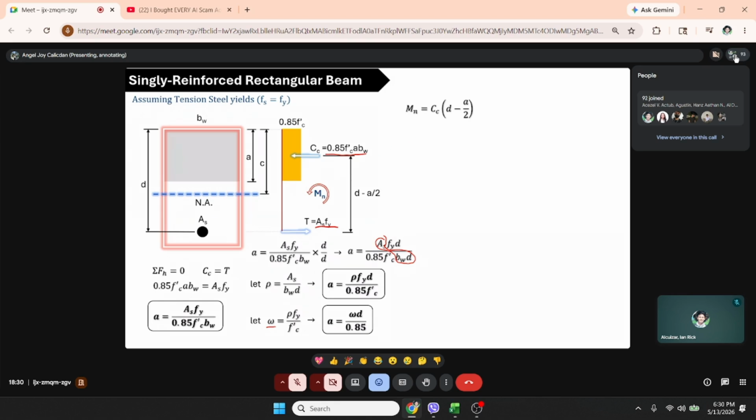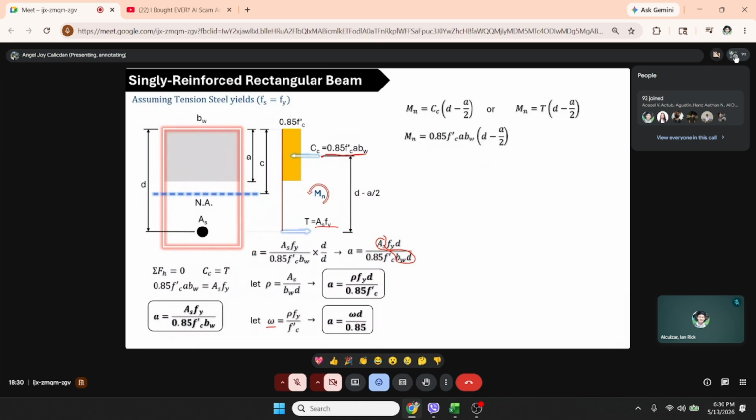So, if we take the value of Mn, you can take moment about the tension force. So, Cc rotates, and the moment arm is d minus a over 2. Or you can take moment about Cc, and T rotates with the same moment arm.